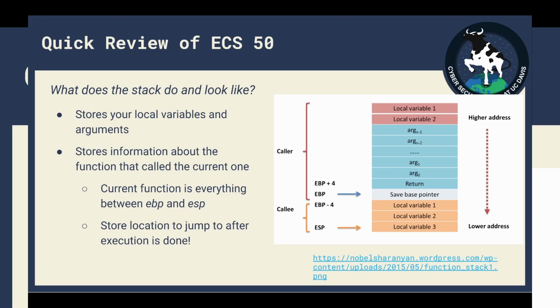In my diagram, I chose to just move down. Sometimes it goes up, but recall that the stack will grow downward as you do more, so from higher memory addresses to lower addresses. And of course, your current function is stored between the memory address in your base pointer and the value of your current stack pointer.